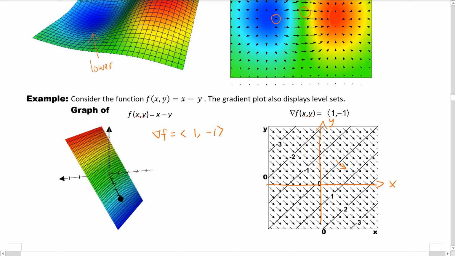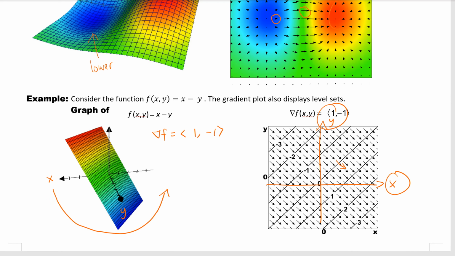And on the 3D picture, this is the x-axis, this is the y-axis. In our picture, the x is here, y is on top. So it's like we take this one and rotate it until we reach here. Then this picture will match with it. So far so good, everybody?